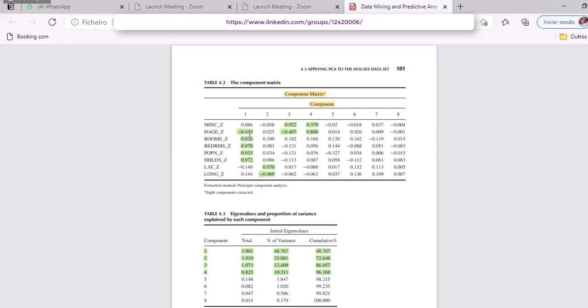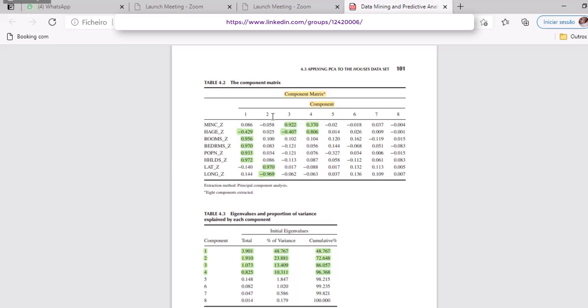If this value is close enough to 1, it means that it has a positive and one-to-one relationship with the component. So here we have 4 variables that are related almost in the same amount inside the first component. And we have also a variable that has a negative correlation to this component. So we are going to stick with this to analyze further.